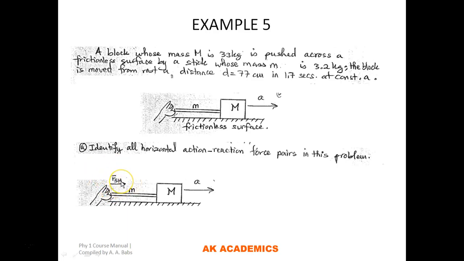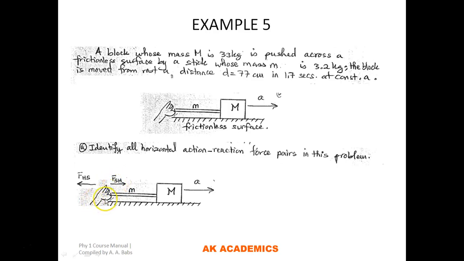But Newton's laws tell us that to every action there is an equal and opposite reaction. What is the pair for this particular force? Let's find out. As the hand is pushing the stick, the stick would also be exerting a force on the hand, the force of the stick on the hand, in the opposite direction to the force of the hand on the stick.